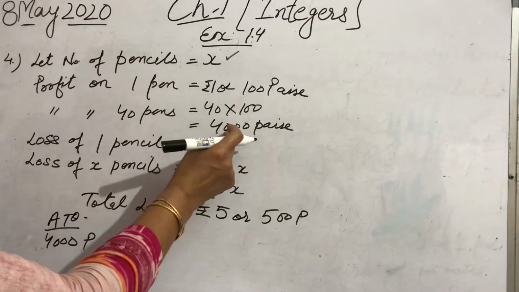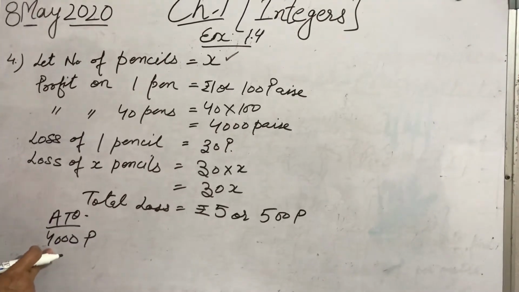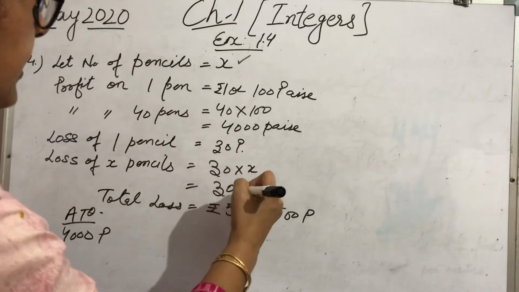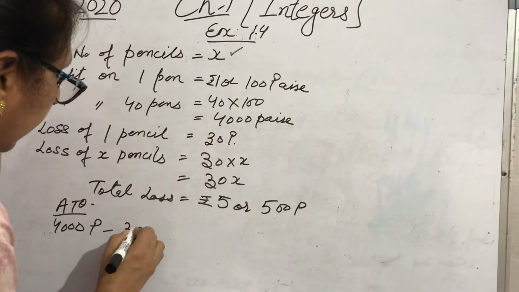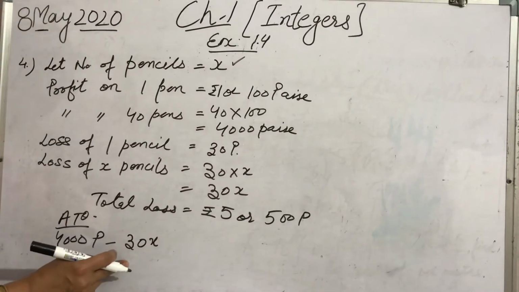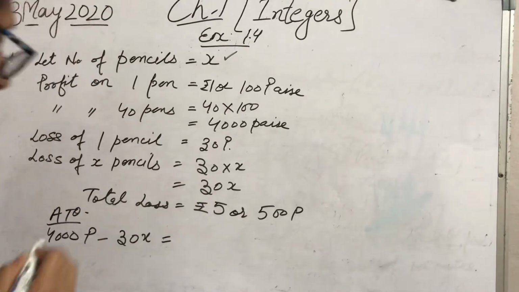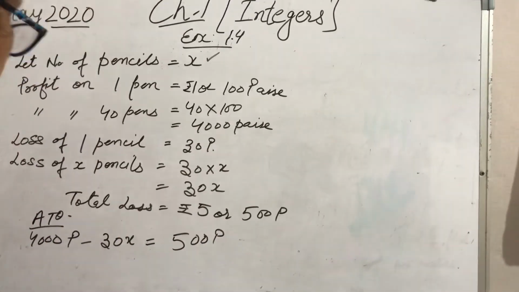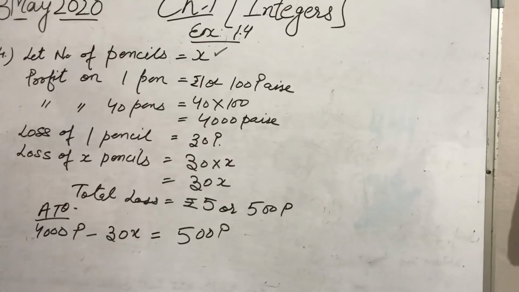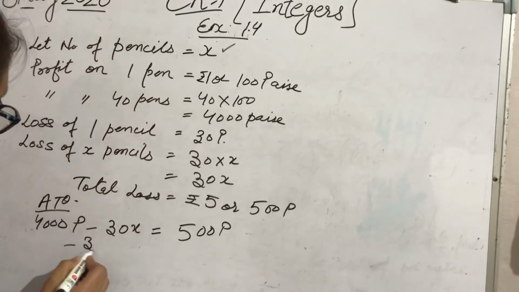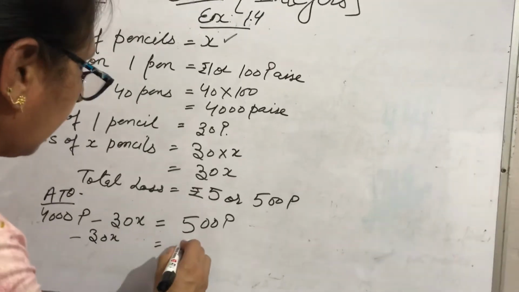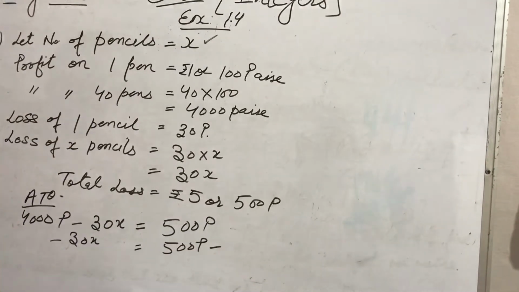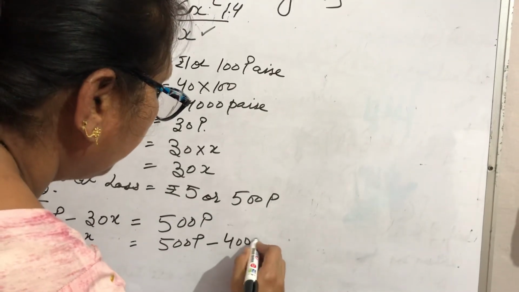So the total profit is 4,000 pies, taken as positive, and the loss we have is 30x, and it will be taken as negative because loss is always taken as negative. And the total loss is given as 500 pies. So we can find the value of x. Minus 30x will remain as it is, then minus 500 pies. 4,000, when converted to the right side, will be negative 4,000 pies.